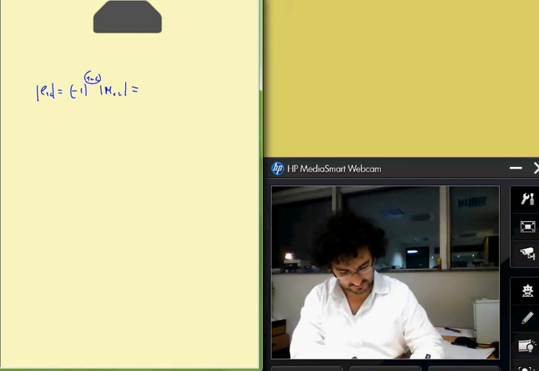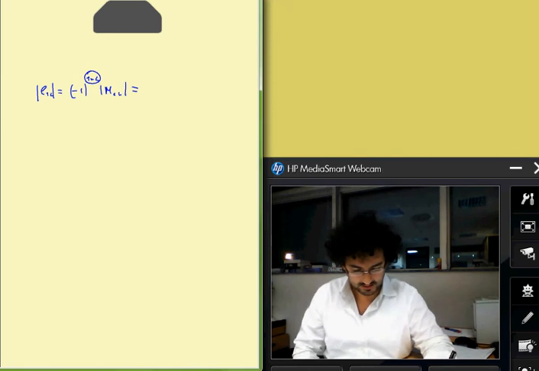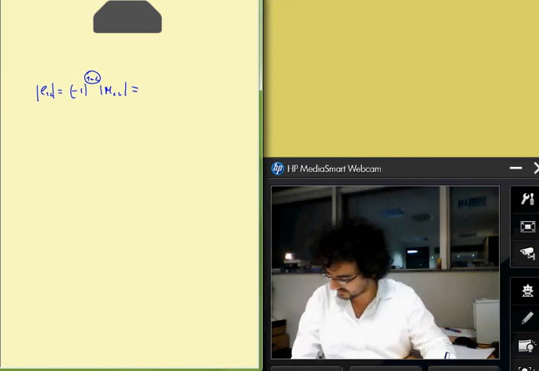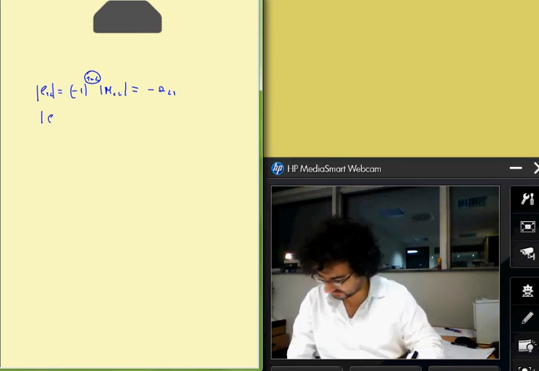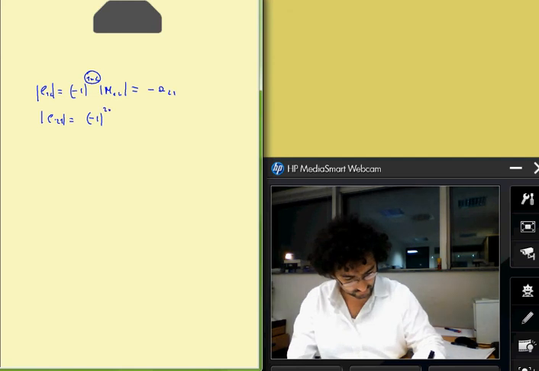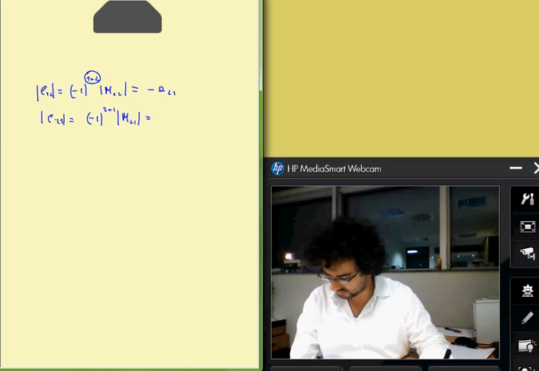This is negative because we consider the power of 3, and we have minus A21. In the same way, the cofactor C21 will be equal to minus 1 to the power of 2 plus 1, so it's the same, times M21, so will be equal to minus A12.